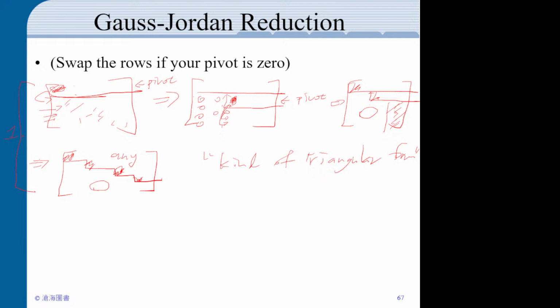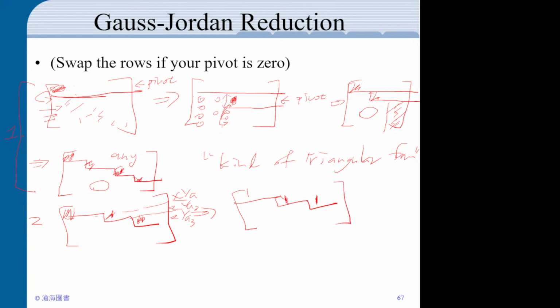So second step. Let's say our thing looks like this, and this is non-zero, non-zero, non-zero, and we multiply each row by 1 over A1, 1 over A2, 1 over A3, and what we want to get is 1, 1, 1, something like this.